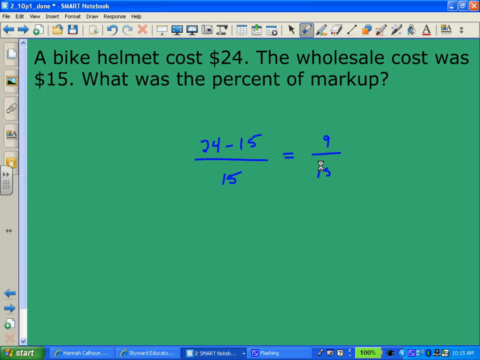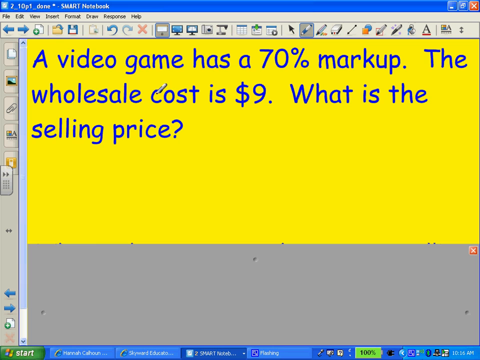So 24 minus 15 is 9. So I have 9 divided by 15, which is 0.6. And then again I have to change it into a percentage. So it's a 60% markup.